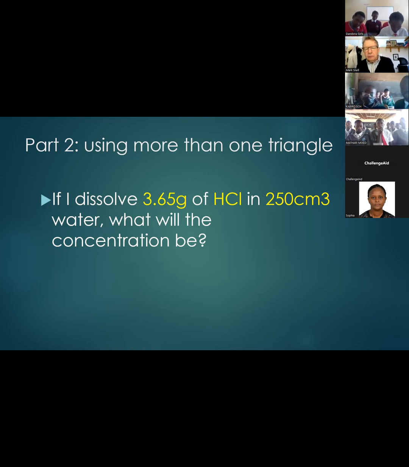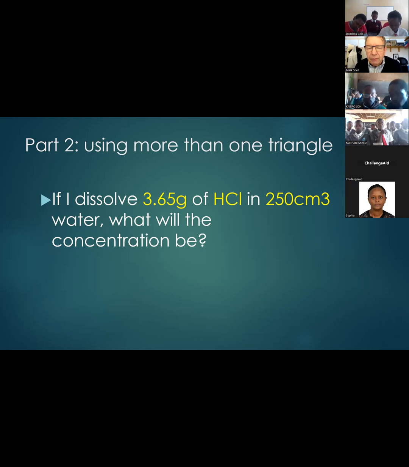Concentration is moles over the volume, which is 250 over 1,000, but I don't have the moles.